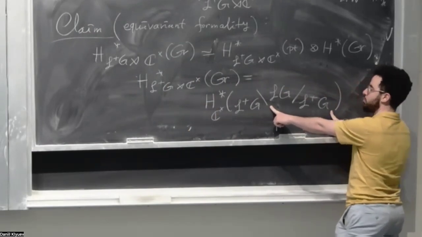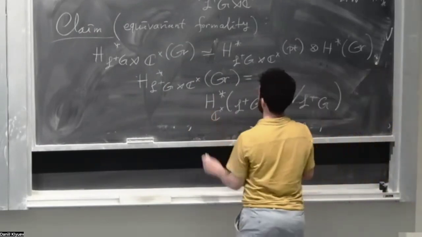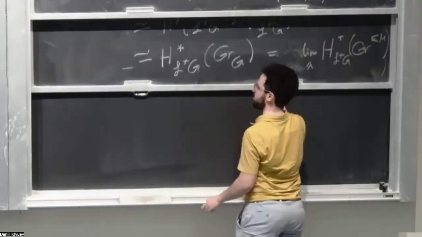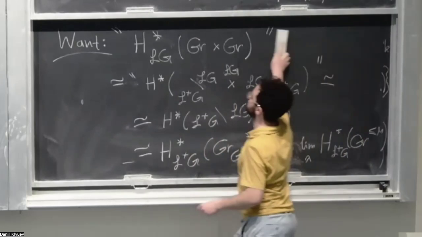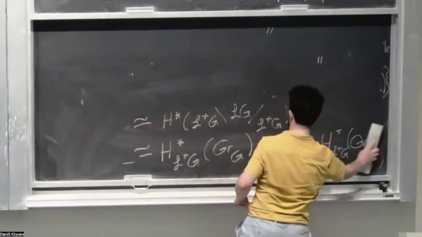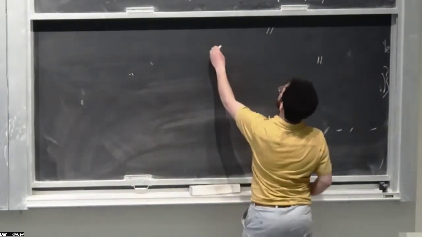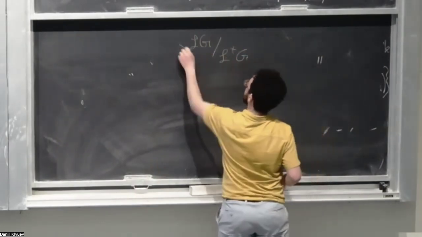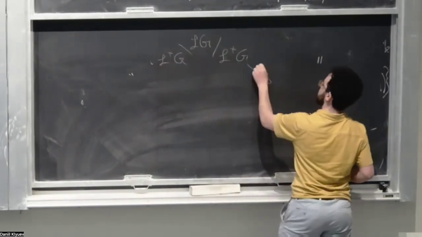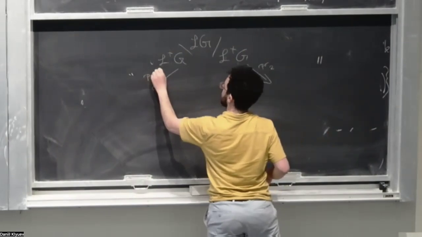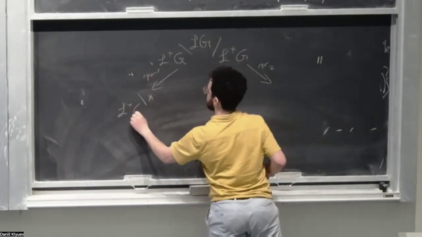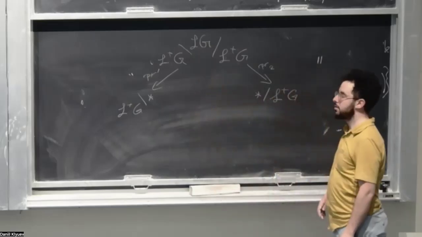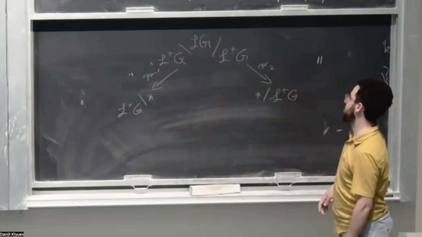So I get two different maps to a point mod L plus G. This is projection 1 to a point mod L plus G, and then the third projection is not even in the diagram, so I don't want to draw a huge diagram for no reason.